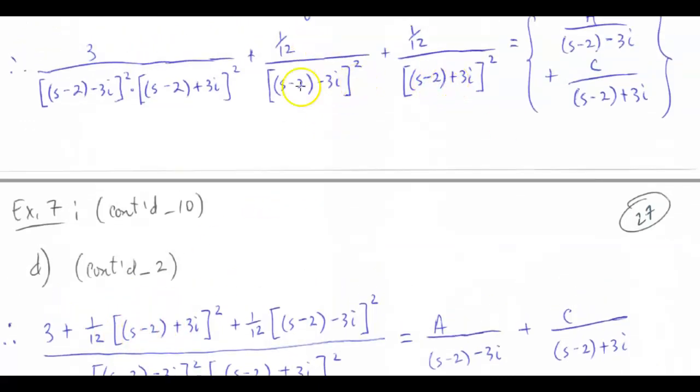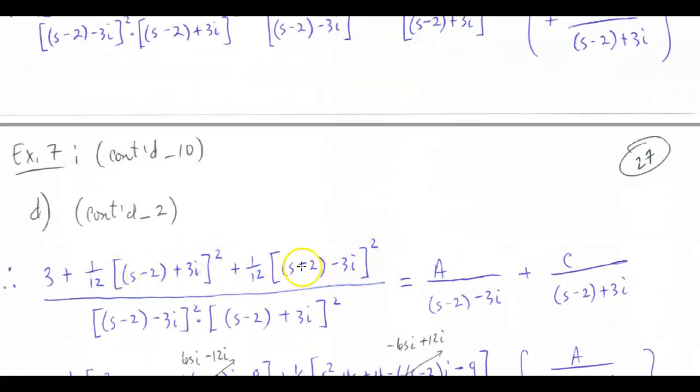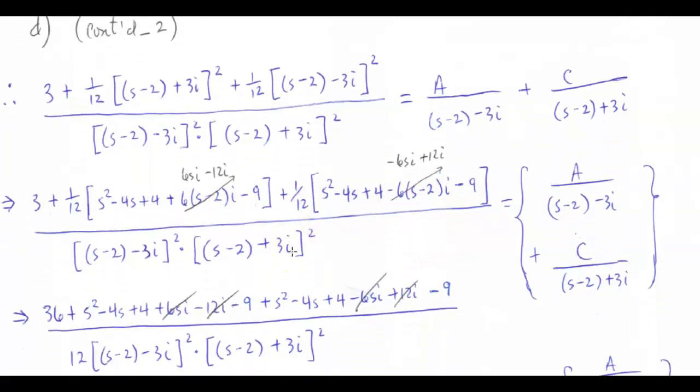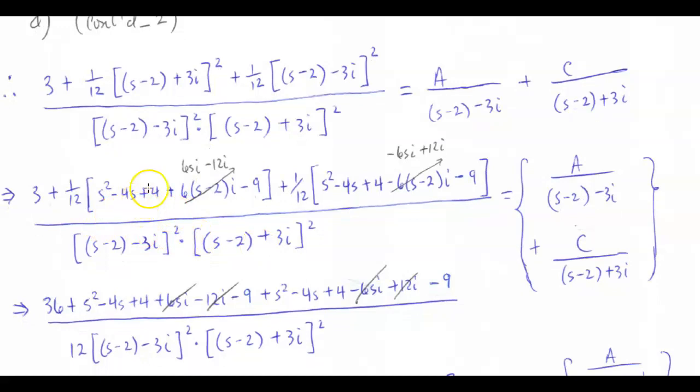This one is missing this denominator, so I multiply the positive 1/12 times that. And of course, that's what I have here in the numerator. So from there, I multiply everything out. And so we've seen this kind of thing before, so I'm not going to spend a whole lot of time talking about it now. But we've basically multiplied this out, so we FOIL this out.